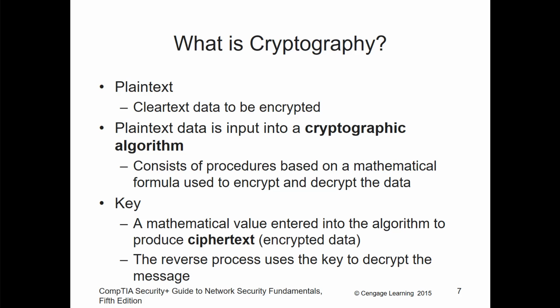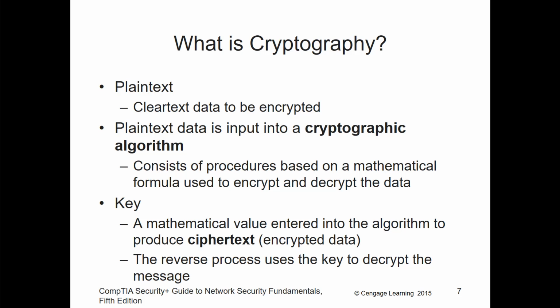Plain text data is input into a cryptography algorithm, and it will then be encrypted. Typically there is a key that does this, and the key is a mathematical value entered into the algorithm to produce the ciphertext, or the encrypted data. Basically, plain text plus key, when input into an algorithm, should generate the encrypted message. The reverse process will use the key to decrypt the message.